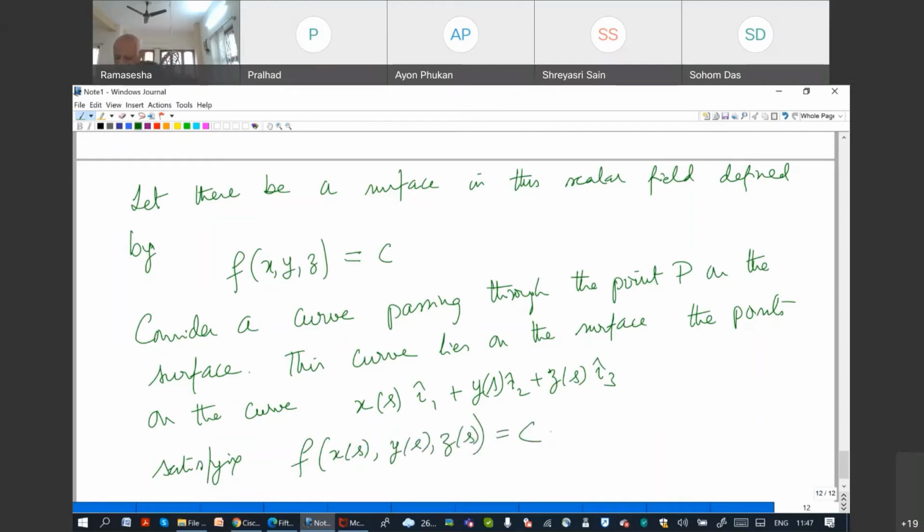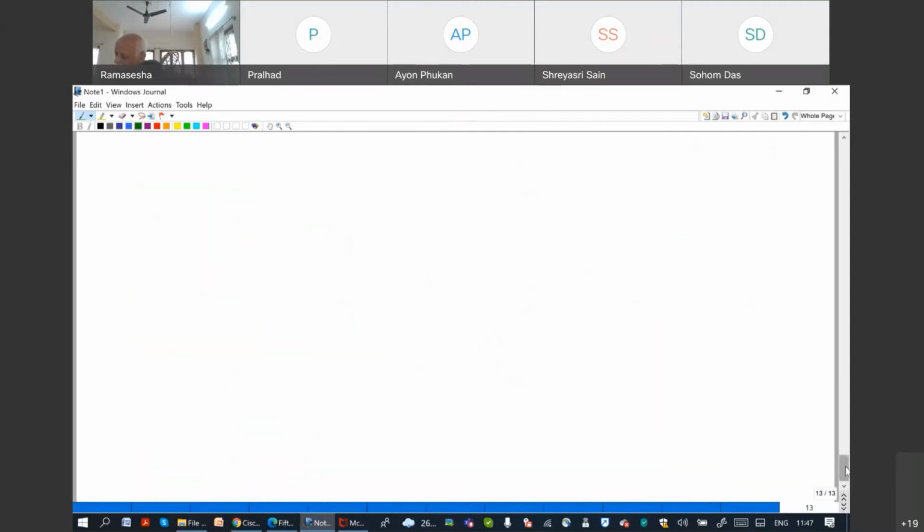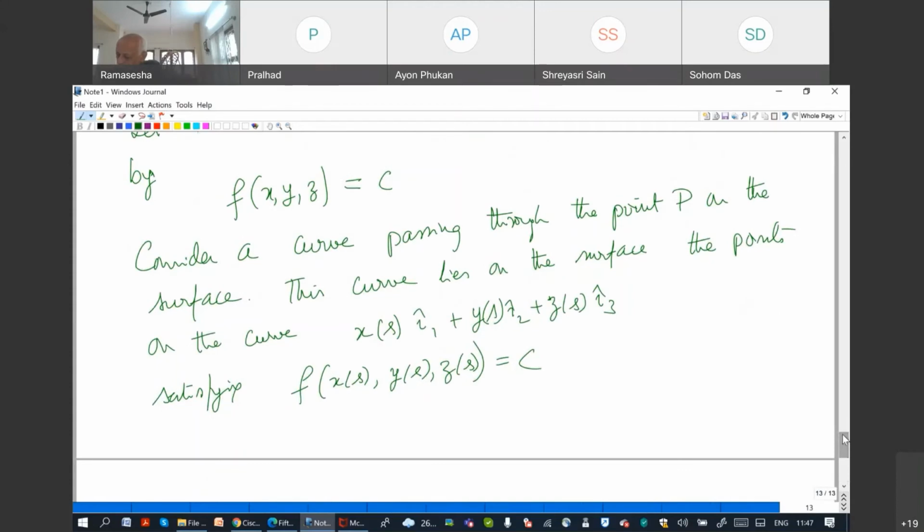Is this clear? Sir, all the points of the curve lie on the surface. Correct.